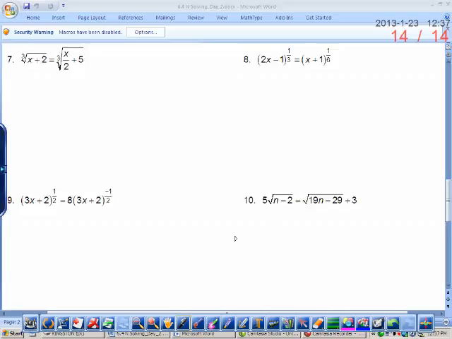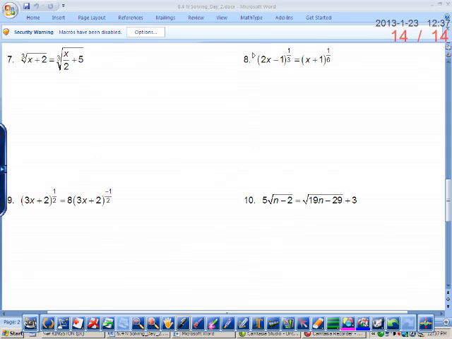Think about it. We want to get rid of these fractional exponents, right? That's what radicals are. They're fractional exponents. What could I raise both sides to get rid of the fractions in my exponents?